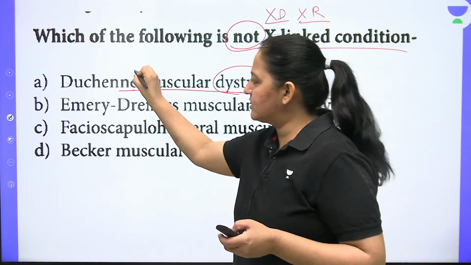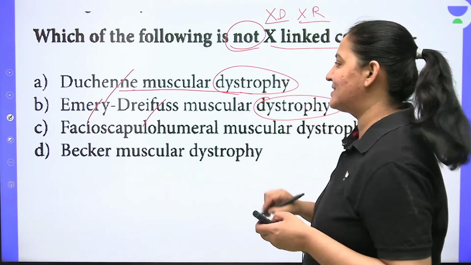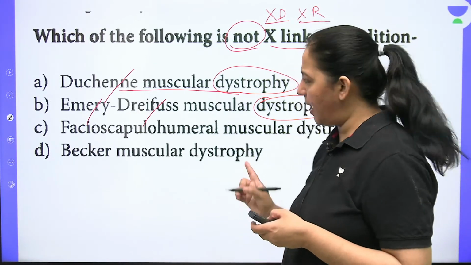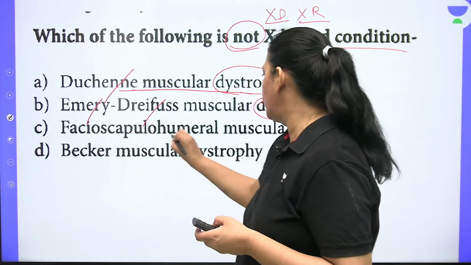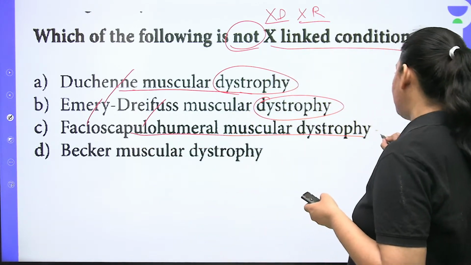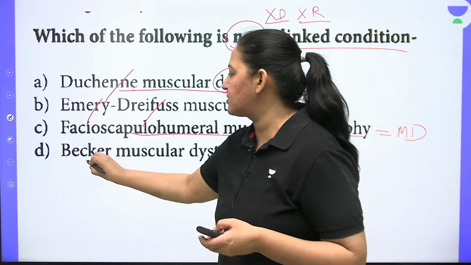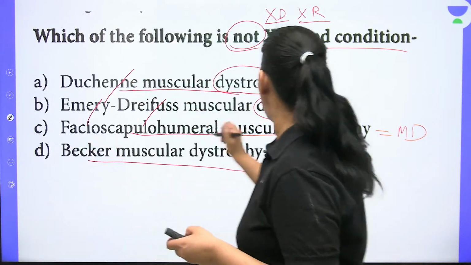All other dystrophies, Duchenne dystrophy, Emery-Dreifuss dystrophy, are X-linked recessive. So in the mnemonic of Graham Bell, they will come. And this is facioscapulohumeral dystrophy. Myotonic dystrophy is the other one. Now you tell me the correct answer. This is the Becker dystrophy. All the four options are on dystrophy.